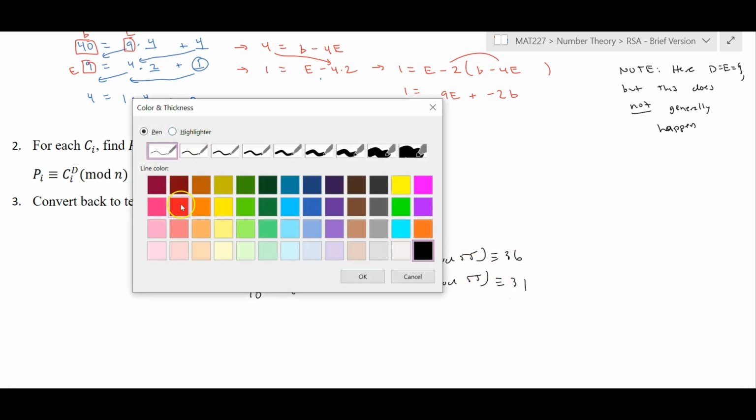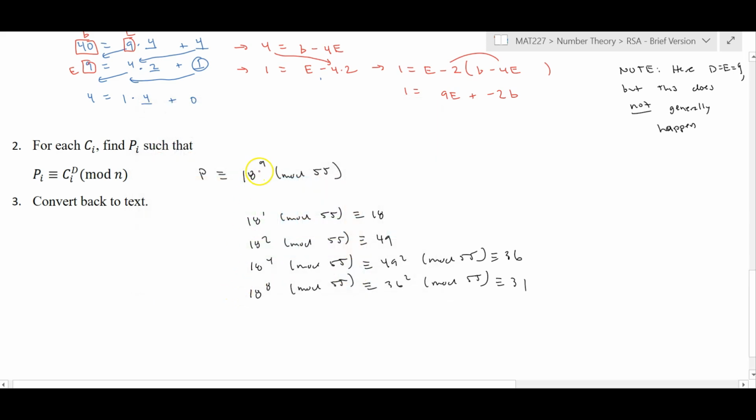Now, once again, because my power is the same, 18 to the 9th, I'm going to break that up as 18 to the 8th times 18 to the 1st, mod 55. And we know that that's congruent to 18 times 31, mod 55.